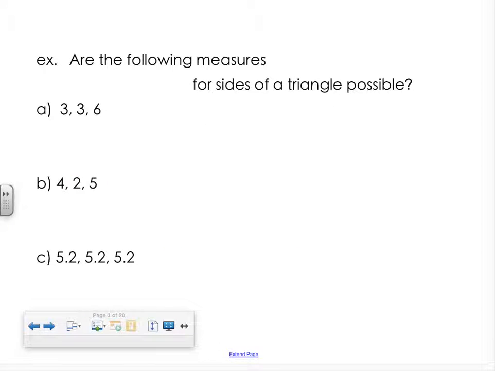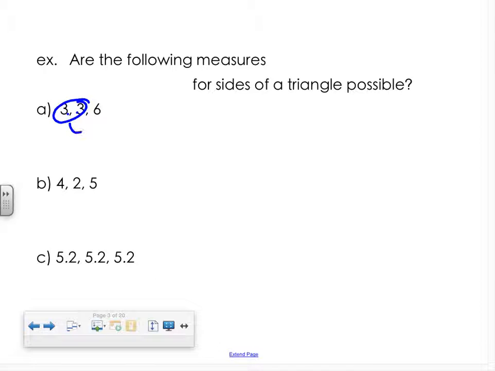So the types of questions that you get are checking if three sides are possible. So for example, we have 3, 3, and 6. Well, you have to check every different combination of 2. So 3 and 6, is that greater than 3? You bet. But we have a problem here.